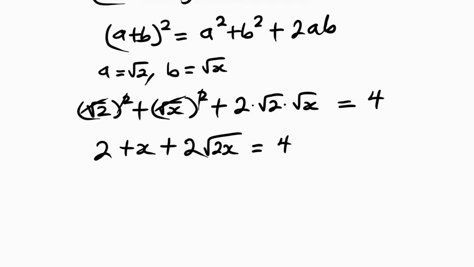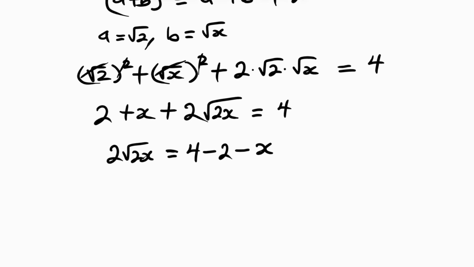Now, here we have 2 root 2x. We can actually move 2 and x to the right hand side. So that now it becomes 4 minus 2 minus x. Now 2 root 2x is equal to 4 minus 2, which is 2, minus x.